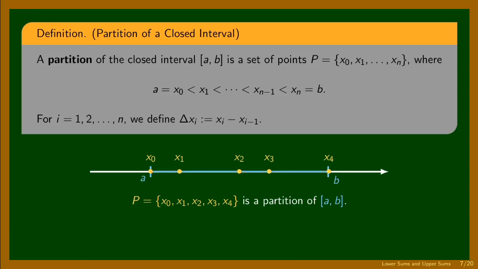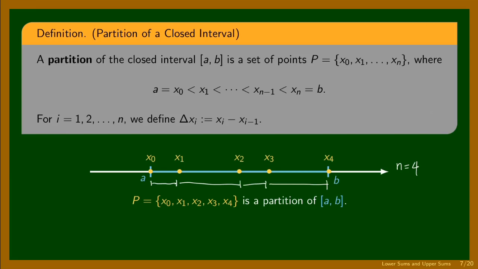It doesn't matter as long as yung unang point ay magsisimula sa A at yung last point ay matatapos sa B. In this example, ang n na ginamit ko ay 4. And in effect, you see that this set of points divides the interval into 4 sub-intervals. So this is the first, this is the second, this is the third, this is the fourth.